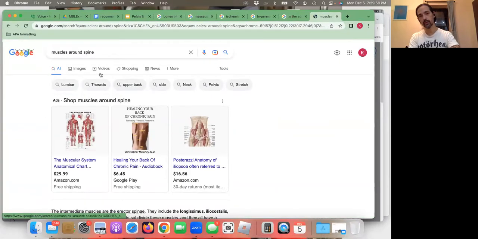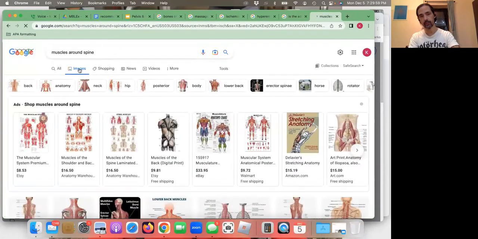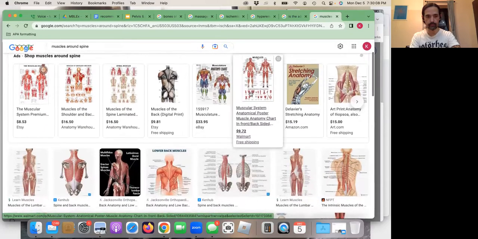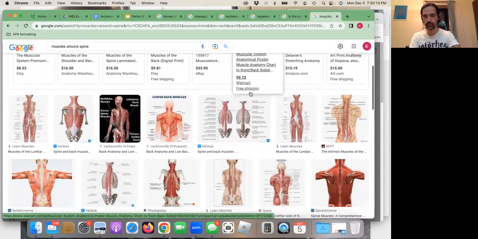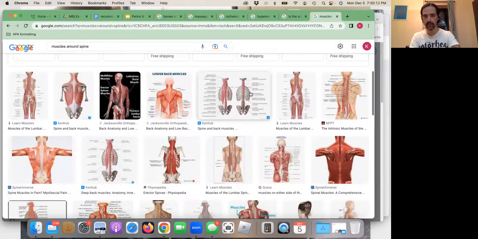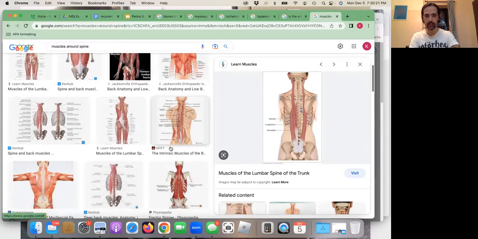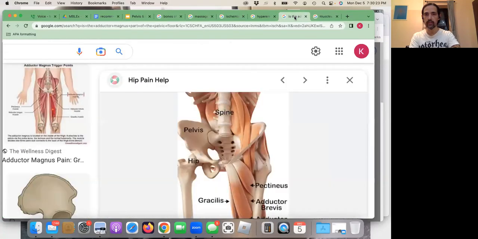When I think about the core, I think about the front core and the back core. The back core is the ESG, the erector spinae group. That's the posterior core. The psoas is the anterior core.